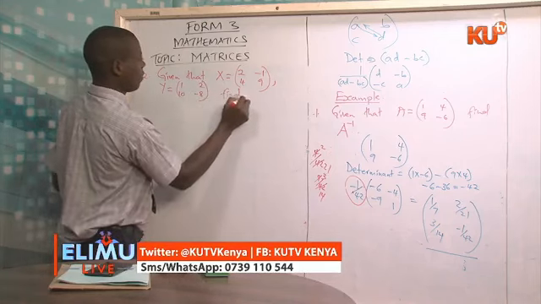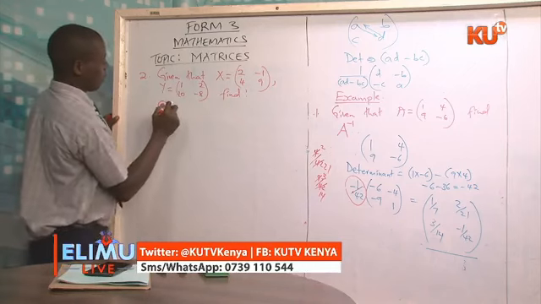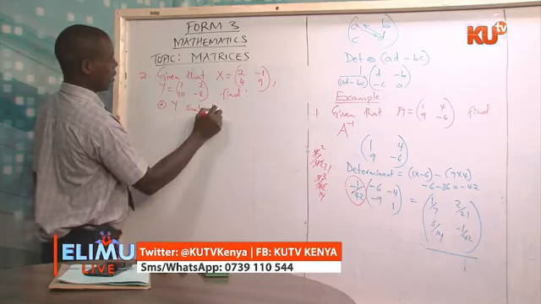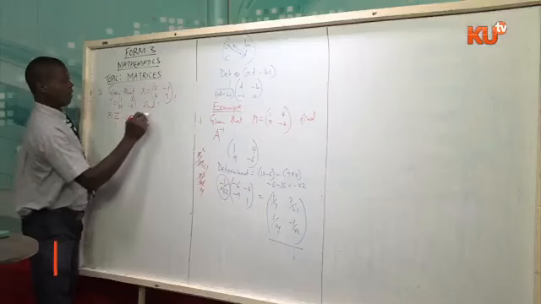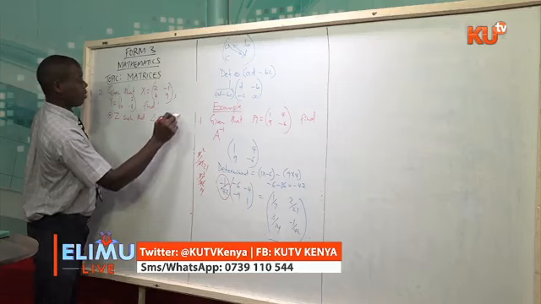Find A, Z such that Z is equal to 2X plus Y.